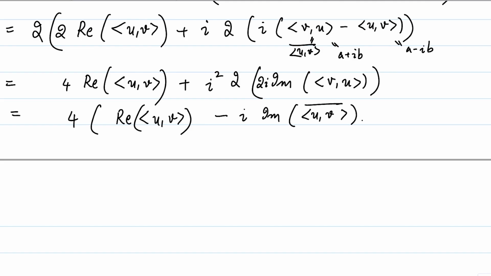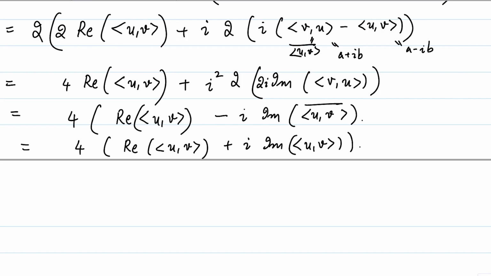But when you look at the imaginary part of z and imaginary part of z bar, what do you have? Imaginary part of z bar is the minus of the imaginary part of z. So this is just going to be equal to 4 times real part of the inner product of u comma v plus I times the imaginary part of u comma v. But that is the real part of z plus I times the imaginary part of z, which is actually equal to 4 times the inner product of u comma v, which is what we had set out to prove.